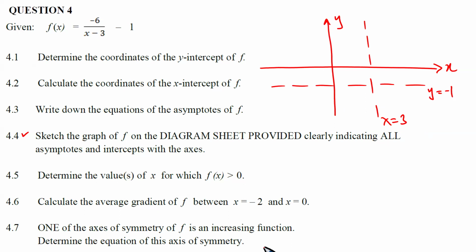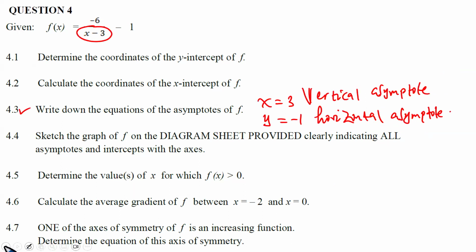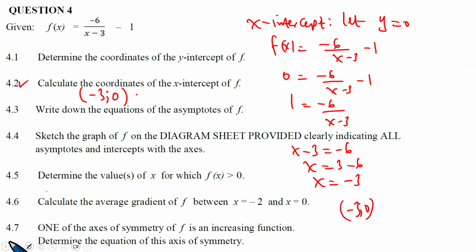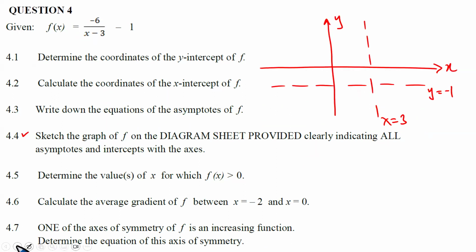Right, so we have seen the intercepts with the axes. The x-intercept is minus 3 and 0. So you have minus 3 together with 0. That is the x-intercept.